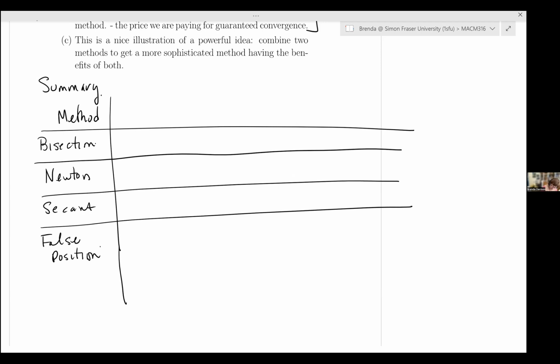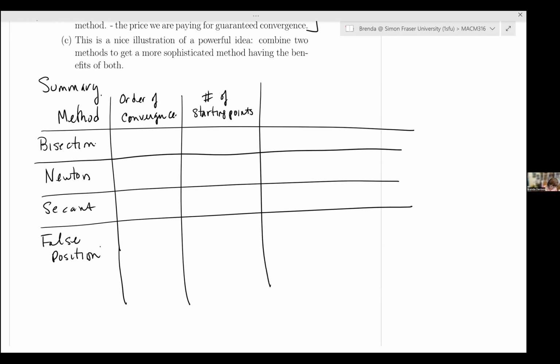Okay, for each one of these methods, we talked about the order of convergence. We have a number of starting points. We have the number of function evaluations.